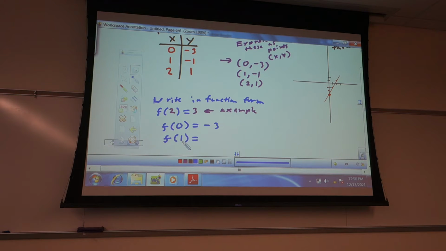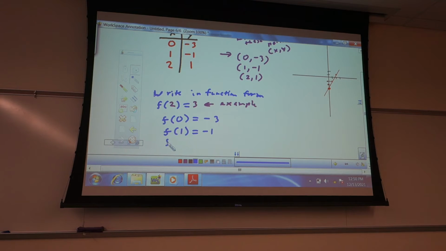So when x is 1, my y is negative 1. Last one, f of 2. It's the y when x is, what's x? 2. X is 2, y is 1. That's why f of 2 equals 1, because y is 1.